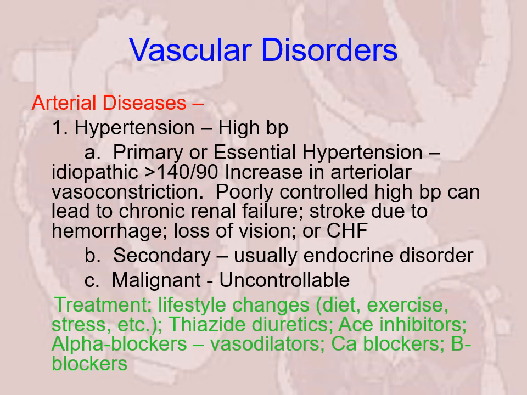And this is blood pressure that's greater than 140/90, and it causes an increase in arterial vasoconstriction. Poorly controlled high blood pressure can lead to chronic renal failure and stroke due to hemorrhage, loss of vision, or congestive heart failure.